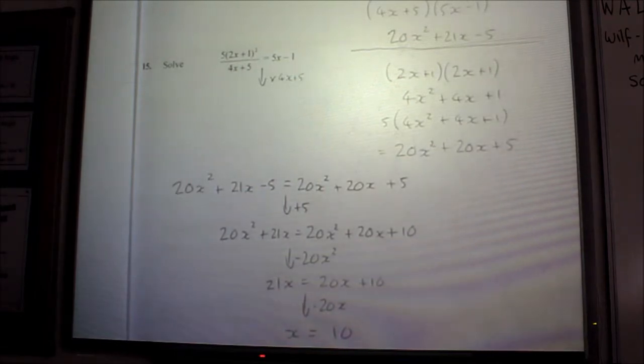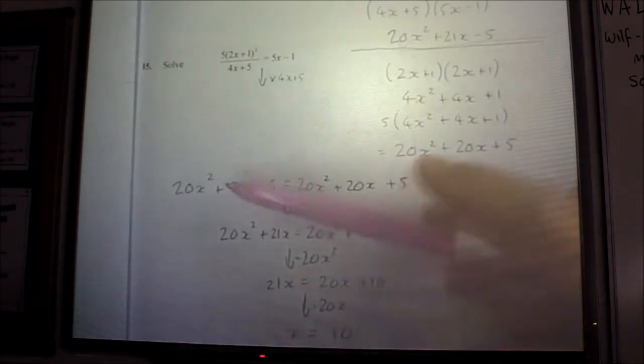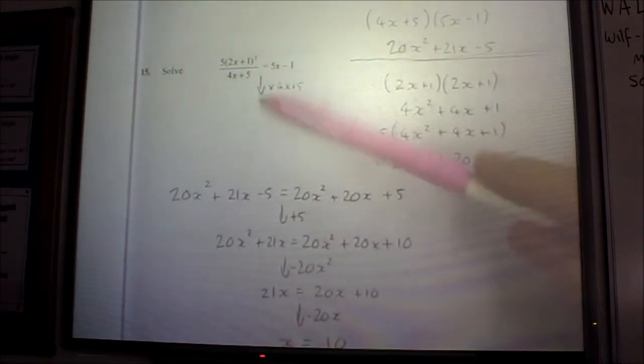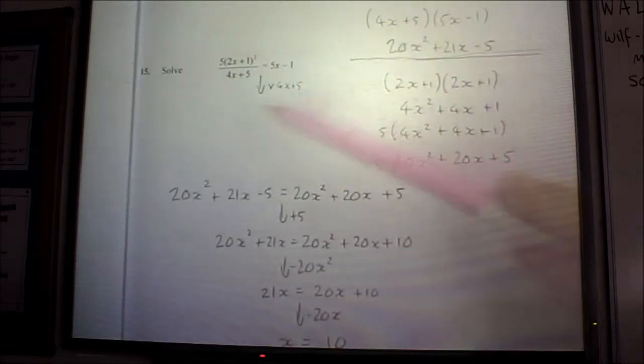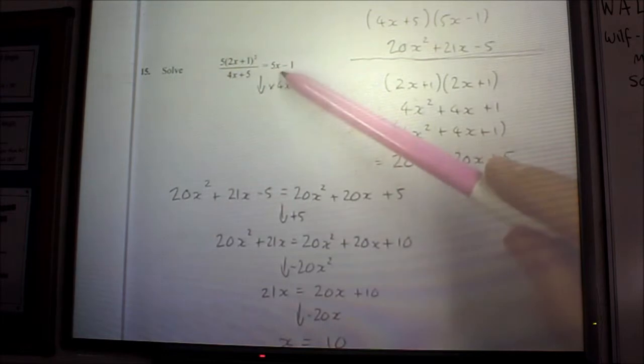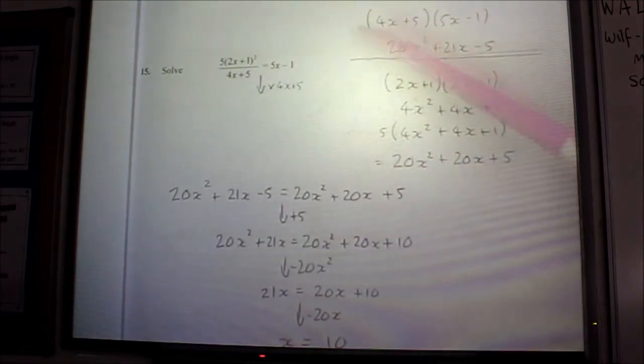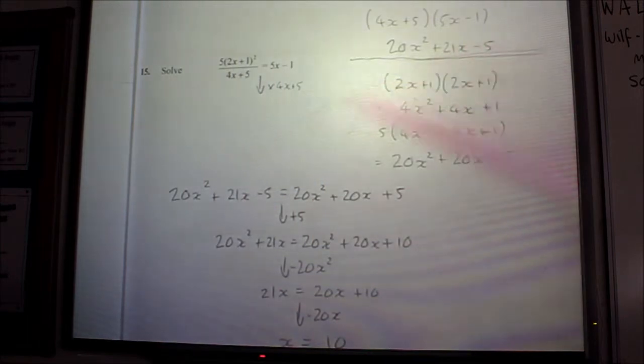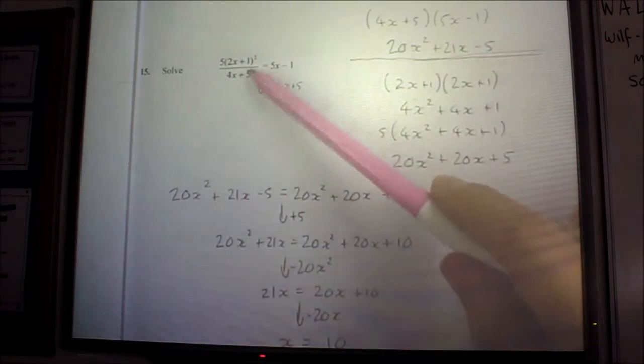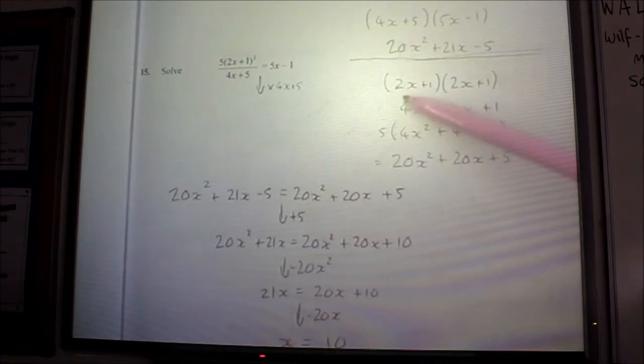Question 15, bit of a fiddly one this. First thing I've done, I want to get rid of the fraction, so I've multiplied both sides by 4x add 5. So that, obviously that stays as it is, but this side I've worked out over here, multiply out the brackets and you get that. So that is one of the sides. But also you've noticed you've got 2x add 1 squared. So I've squared it out here, so you get that, but you'll also notice it's multiplied by 5, so it ends up being 20x squared add 20x add 5.